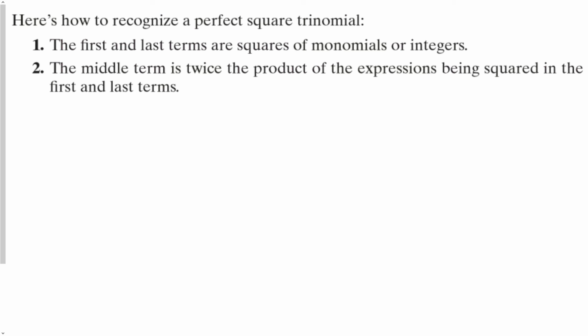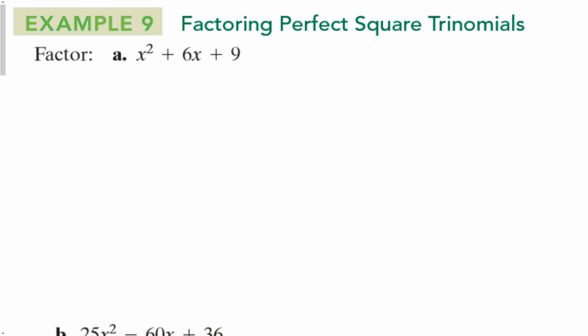How I can do it is look at the first term, look at the last term, and they're squares of monomials or integers. And the middle term is twice the product of the expression being squared in the first and last terms. So that is a perfect square. That is a perfect square. So I can try this technique. It would be x positive plus 3.